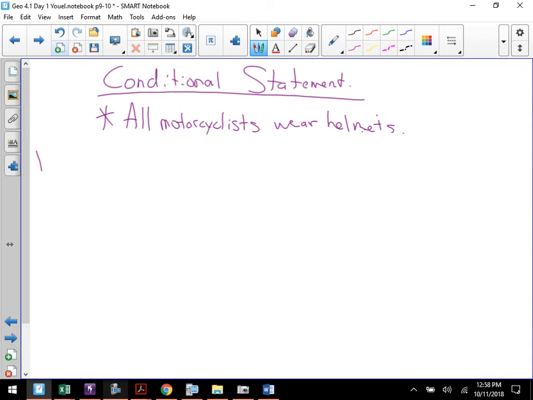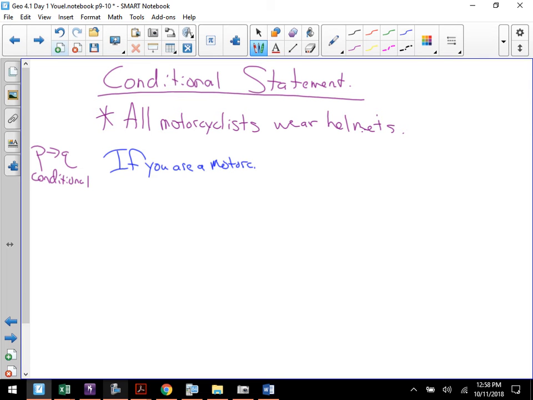If I turn this into a P implies Q, which is the conditional, what do you have to put into that statement? If you are a motorcyclist, then you wear a helmet. True or false? False. I'm going to abbreviate motorcyclist, so I don't have to write it all out.